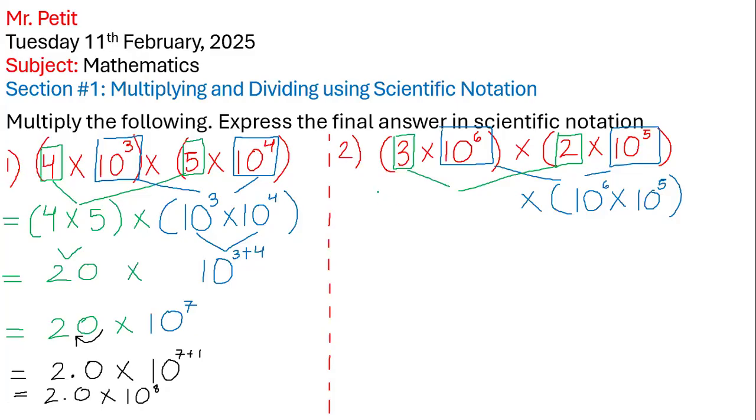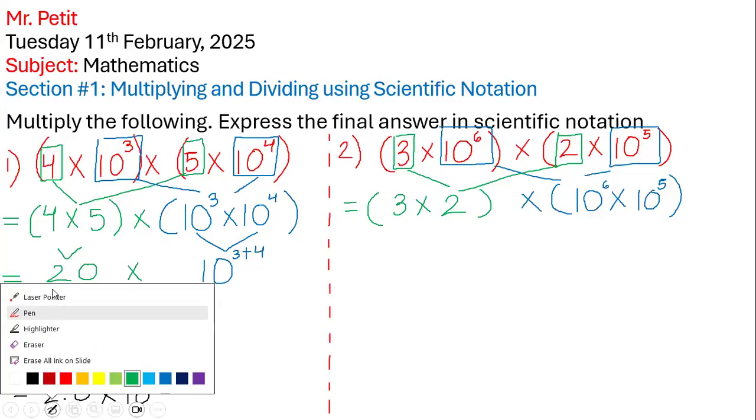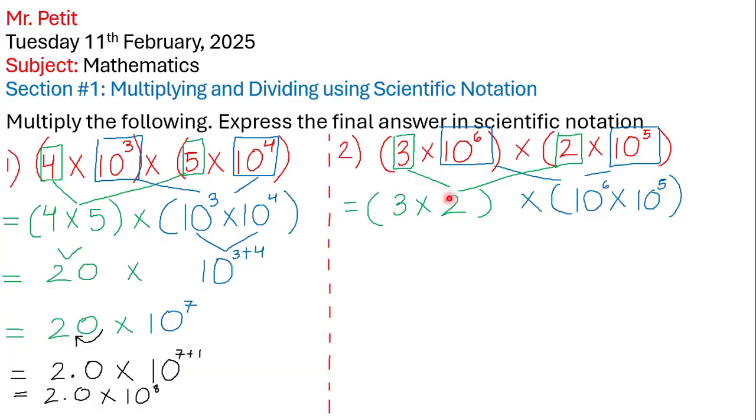So it's going to be open bracket, 3 multiplied by 2. Very good. So what did I do? Well, I multiplied 3 times 2, and I multiplied 10 to the 6 and 10 to the 5th power.